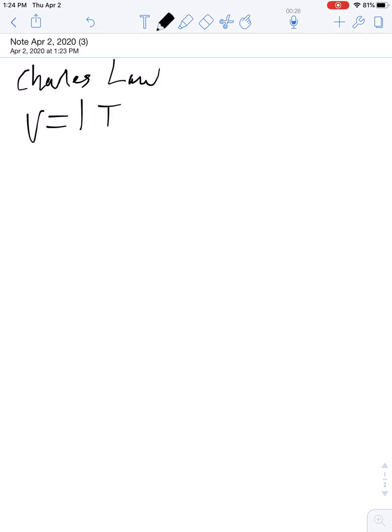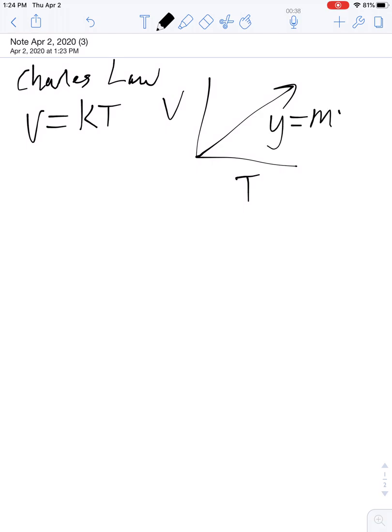Got to use lowercase t, k. What this means is that as you change temperature, volume changes. And this is an equation of a line. And so our equation is V equals kT. If we had class, we would have done a lab that proved this.